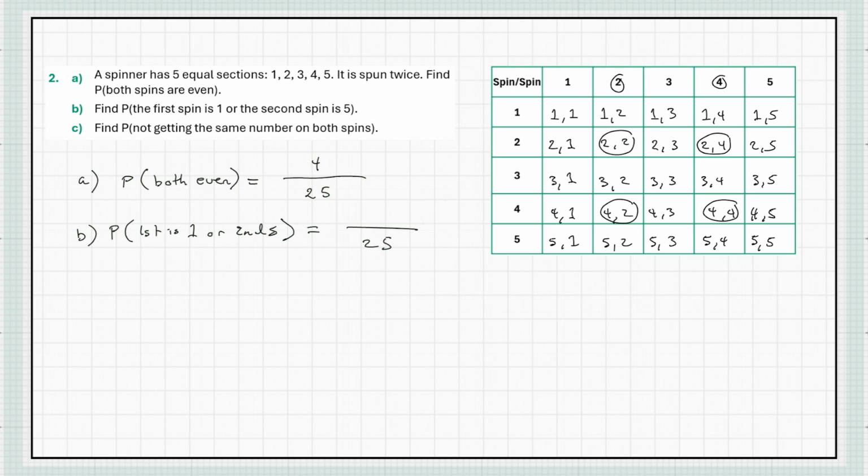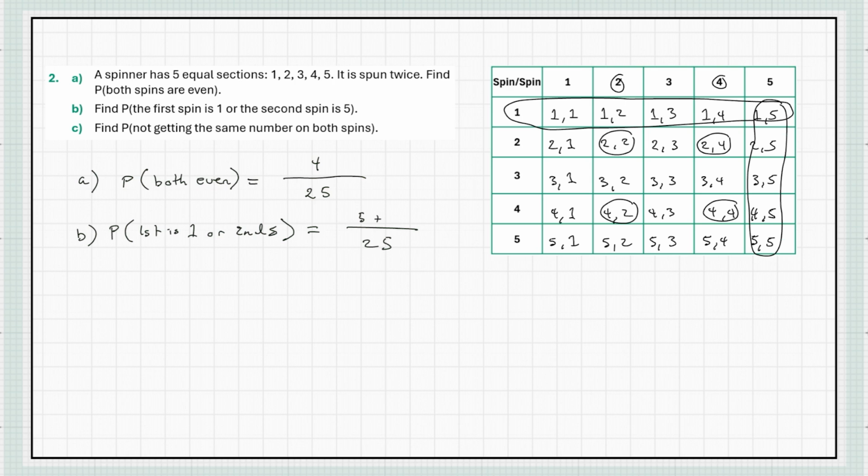Right, so how many outcomes is the first spin going to be 1? Well, that's all of these outcomes here. Alright, so we automatically know we're going to have 5 plus something. And then the second spin has to be 5. So if the second spin is 5, it's going to be all of these ones down here.